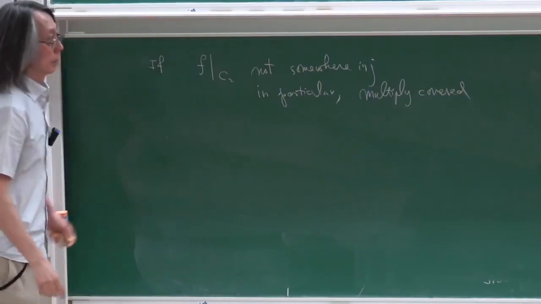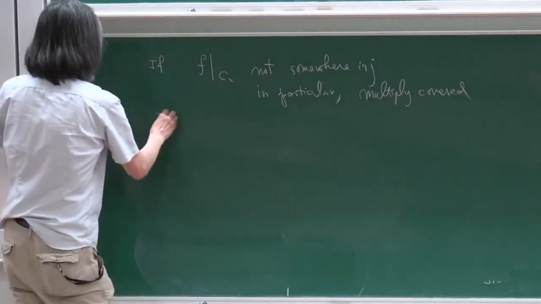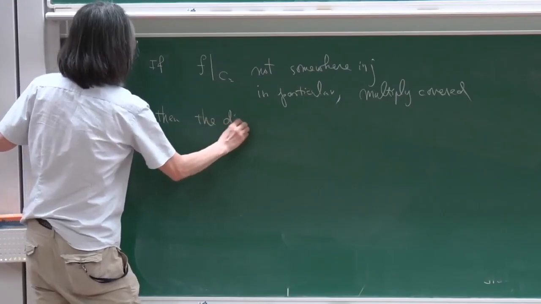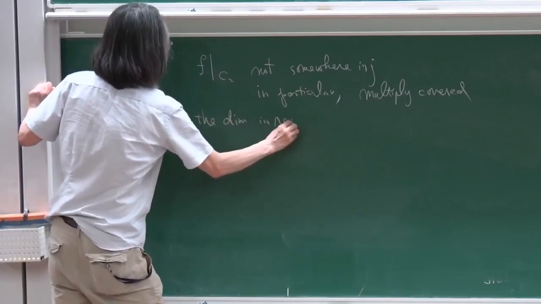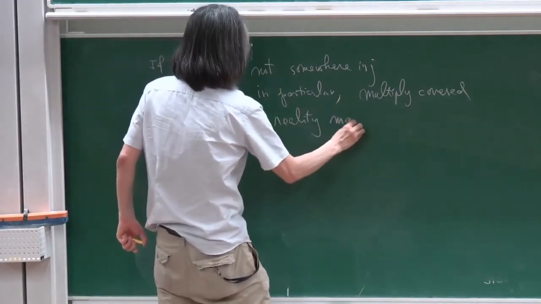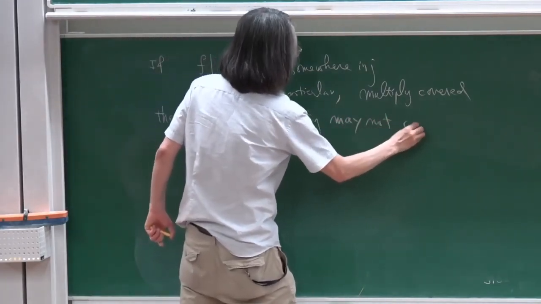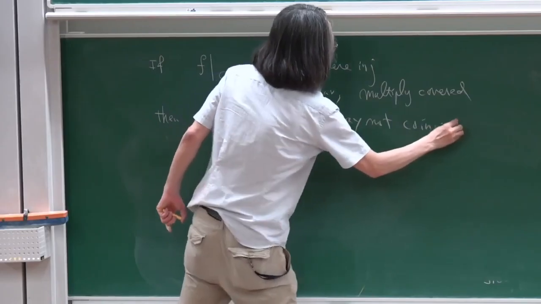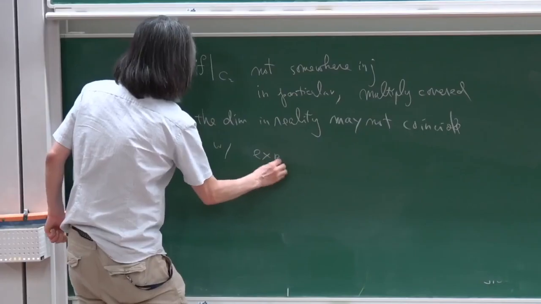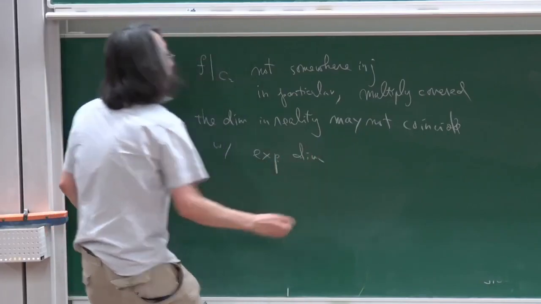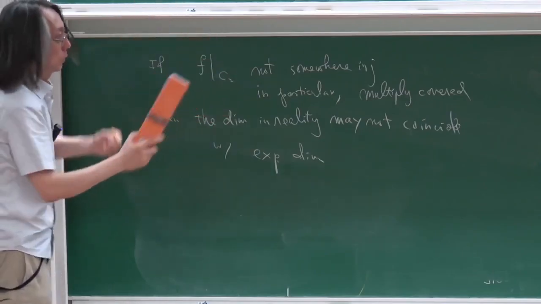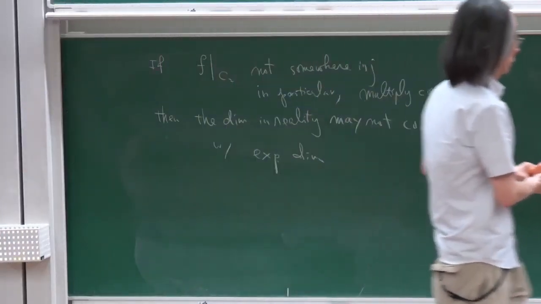Then the dimension in reality may not coincide with the expected dimension computation. If you have injectivity, then certainly you can compute the dimension, but otherwise, in general, it is not.